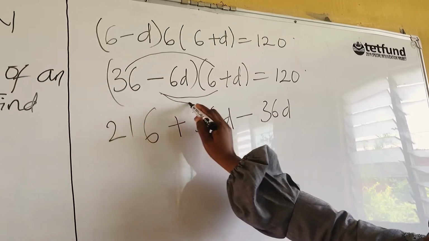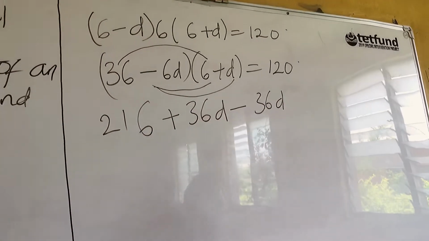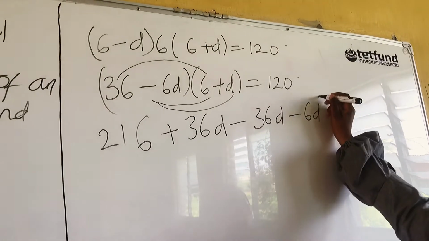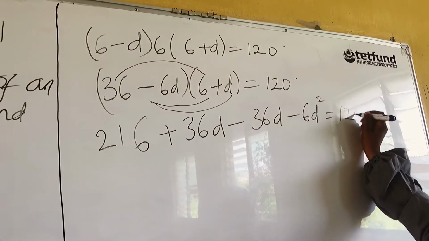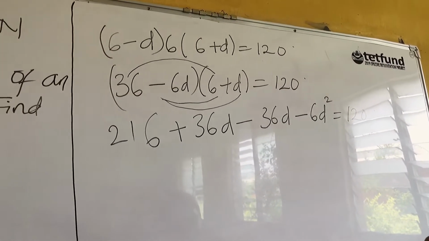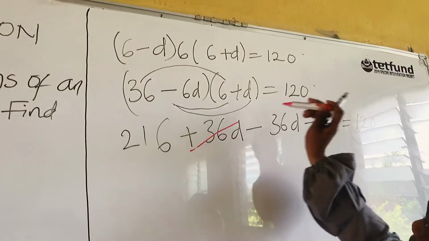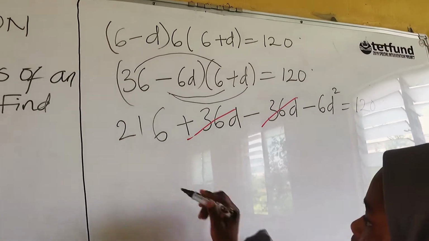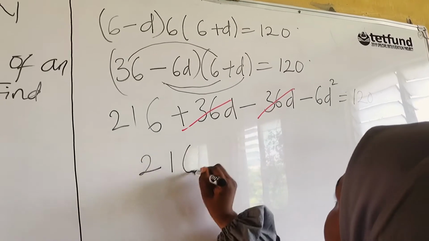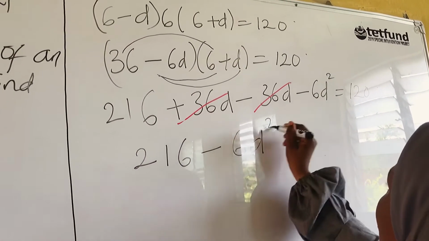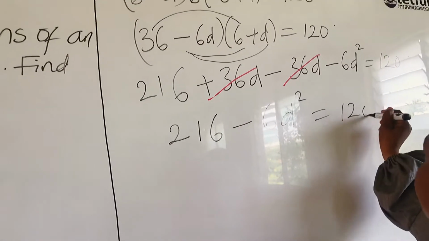Negative 6D multiplied by positive D is minus 6D squared, equal to 120. So from here we can see that positive 36D will eliminate negative 36D. So we are left with 216 minus 6D squared is equal to 120.